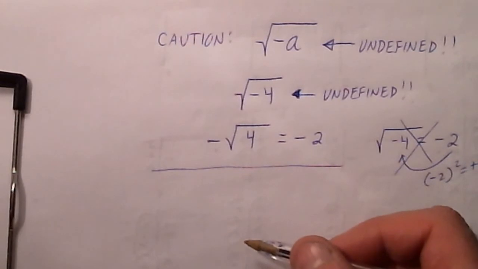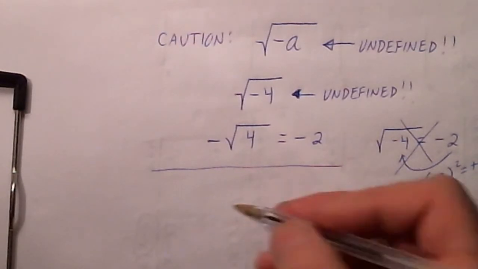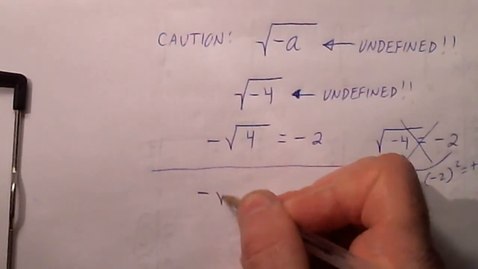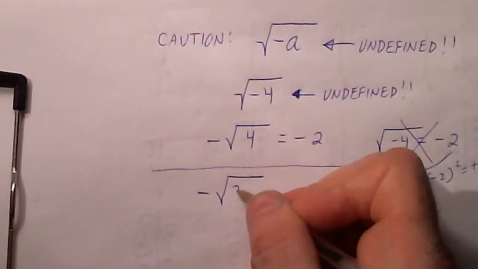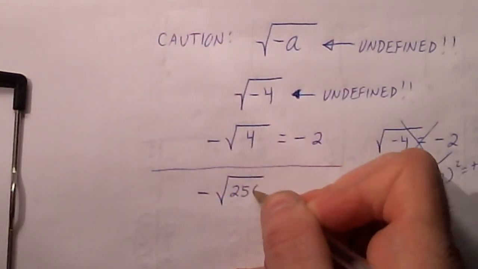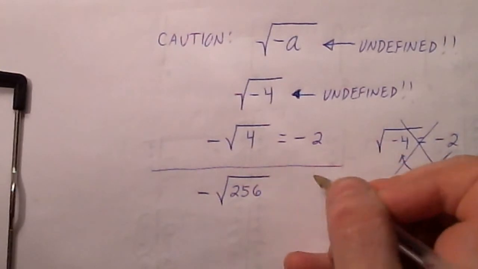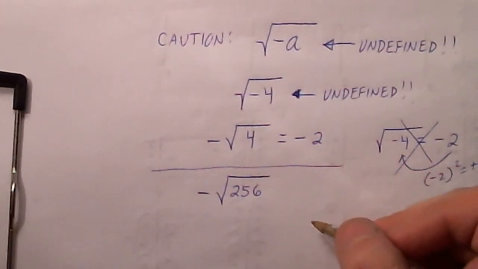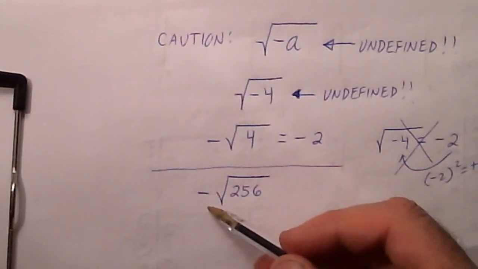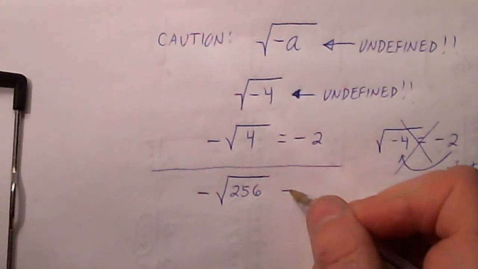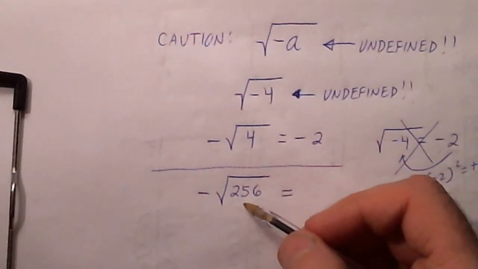All right, so let's try a couple of these. So what would this simplify to? The opposite of the square root of 256? Well, 256 is a perfect square of 16.